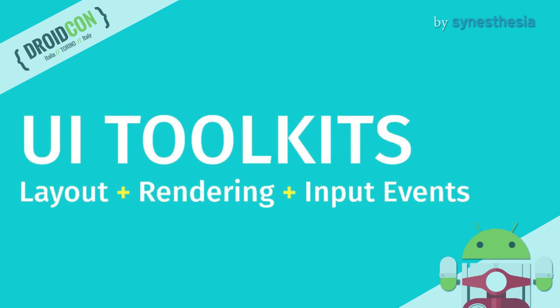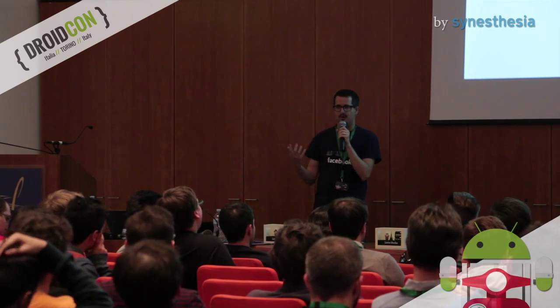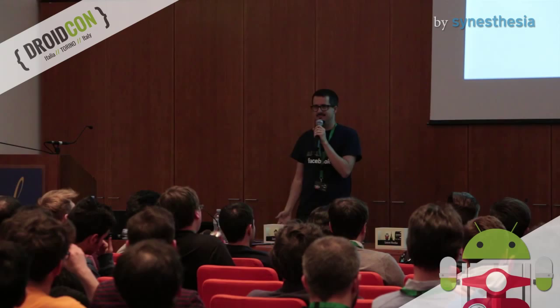But until fairly recently, the notion of a UI toolkit has always been focused on the layout part and input, because motion was not a primary aspect of most of the UIs that you've seen, say, 10 years ago.